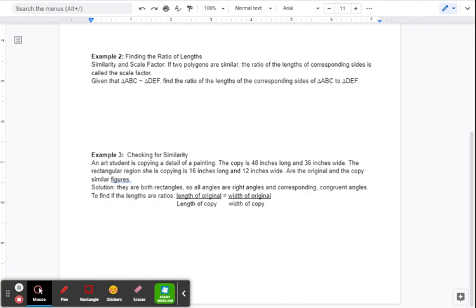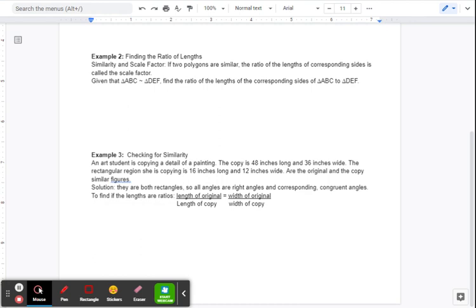So AB goes with DE. So AB is 16. You know what? Let me write it out. AB is 16, and that corresponds to DE, right?